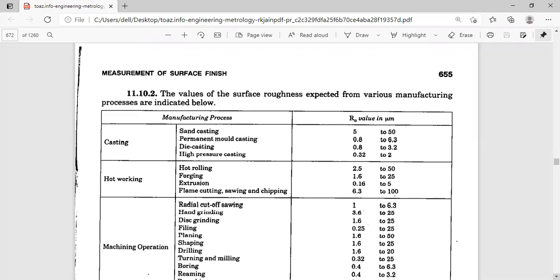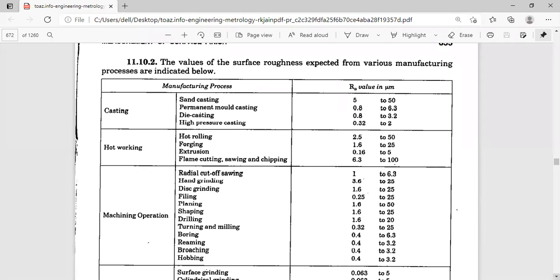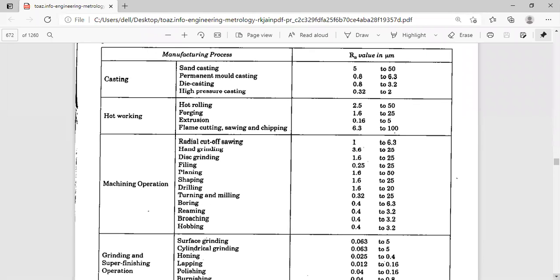This is only a table which gives you knowledge of how much surface roughness value is involved. Then we have the machining operations. In the machining operations, we have a number of things starting from radial cutoff sawing. The maximum value is 6.3.